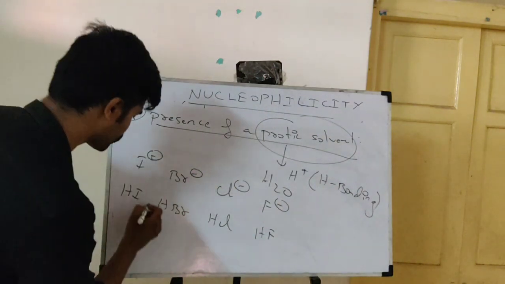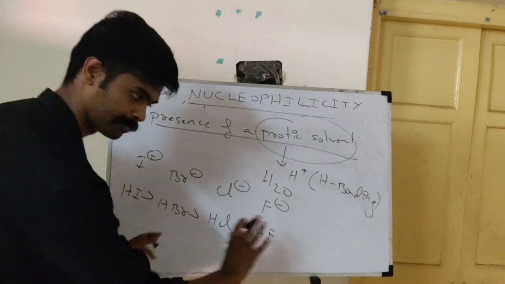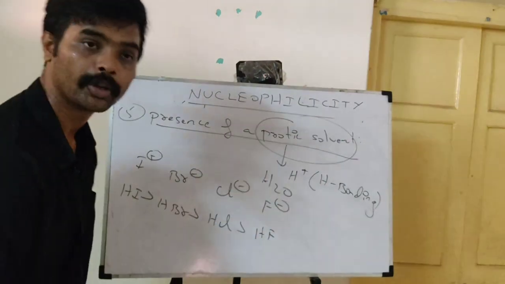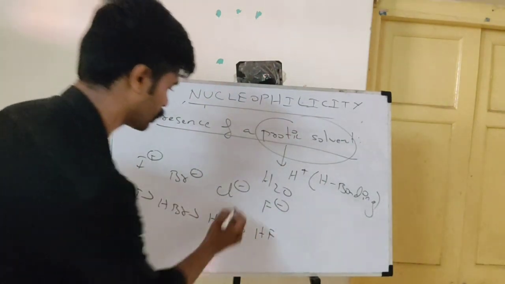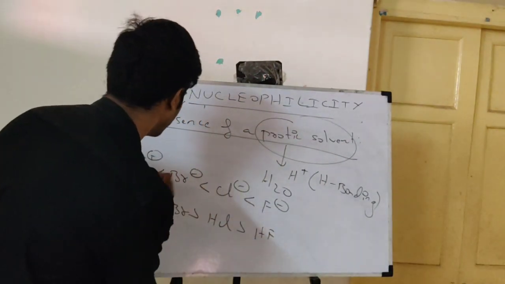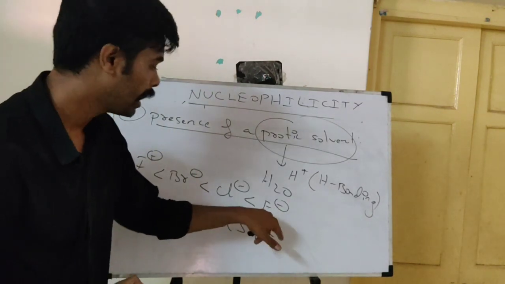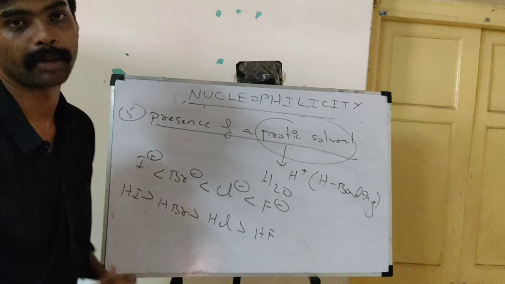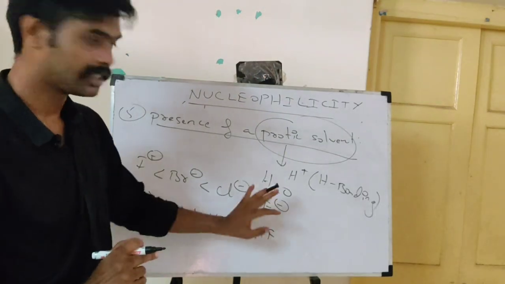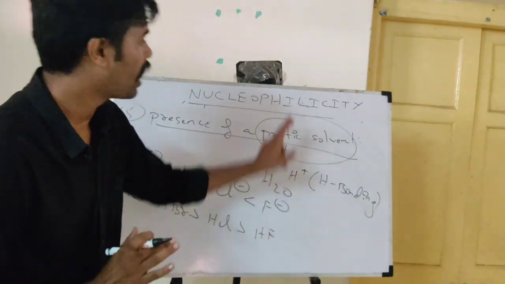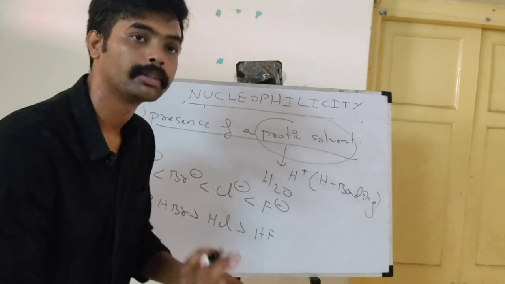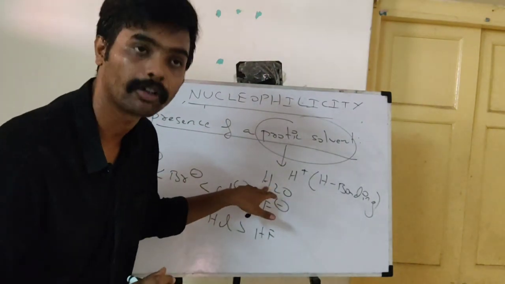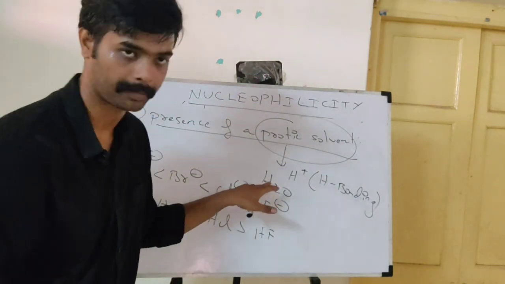So the order of acidic strength is going to be like this, no doubts, and obviously the opposite is going to be the order of basic strength. So I can say that this will be the order of basic strength, meaning that F minus will be a better nucleophile than Cl minus, than Br minus, than I minus. Okay. Now this is true if the reaction medium is not water. That means the reaction medium is not water, right?